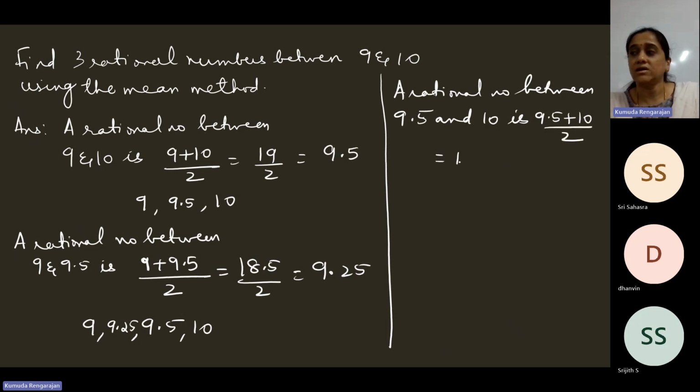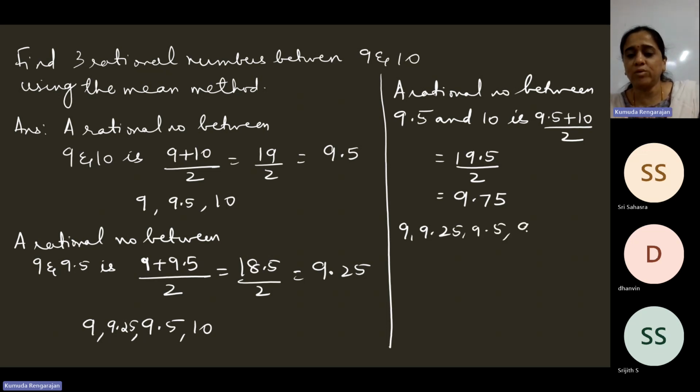So that is 19.5 divided by 2, which is 9.75. 9s are 18, 1 remains, 5 comes down, 7s are 14, 1 remains 5. So 9, 9.25, 9.5, 9.75 and 10.